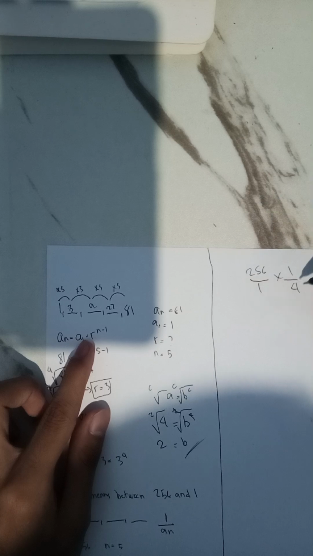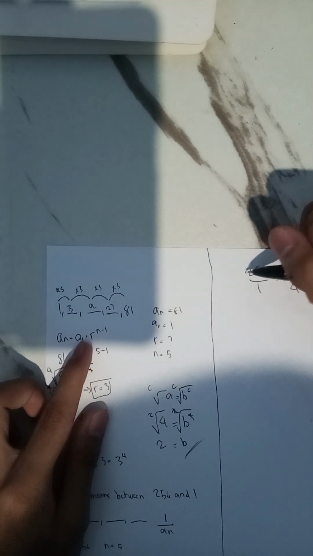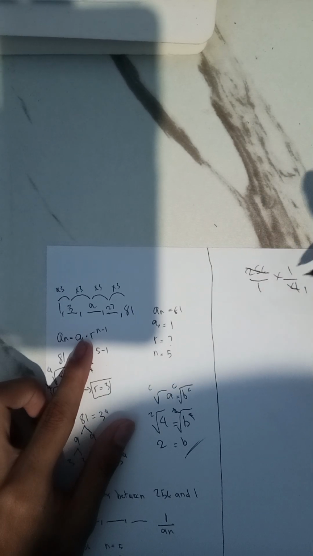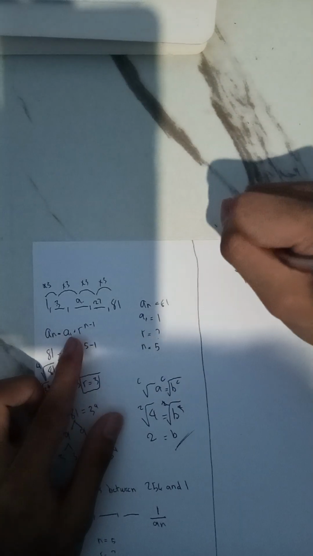What is the common factor of 256 and 4? That is 4. Okay? So, 4 divided by 4 is 1. And 256 divided by 4 is what? That is 64. Okay? So, 64 times 1 is 64. Disregard yung denominator since 1. So, 64 ang sagot natin.